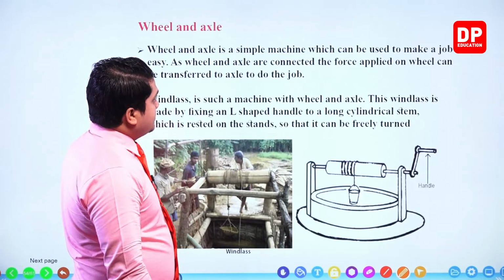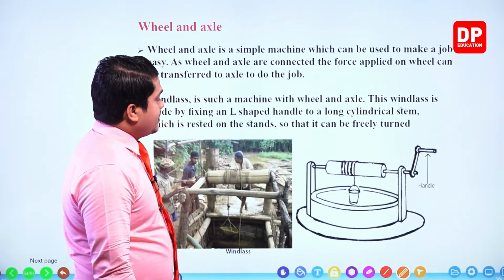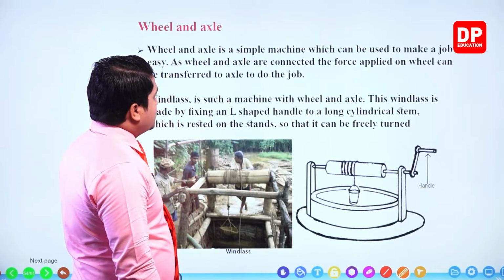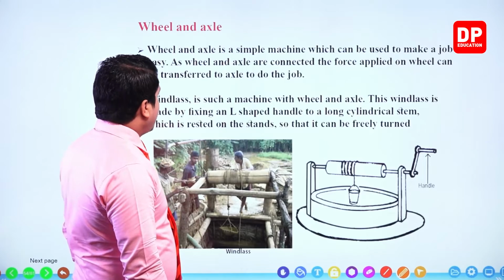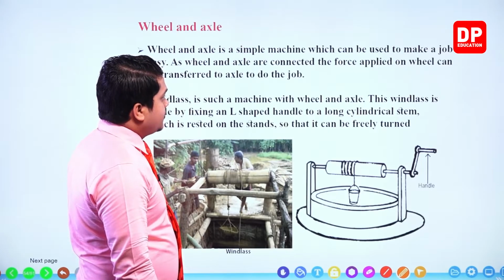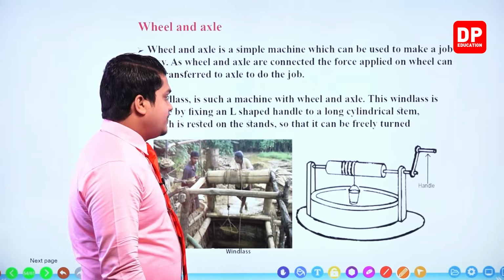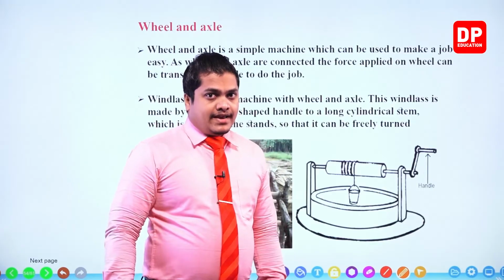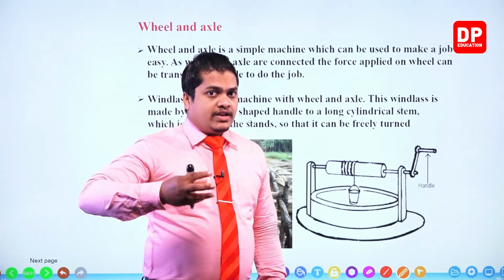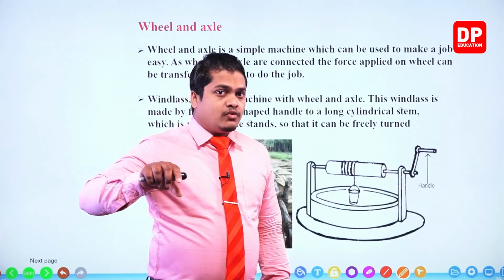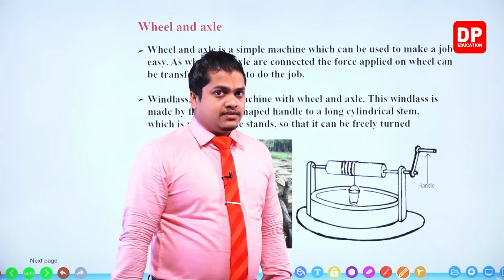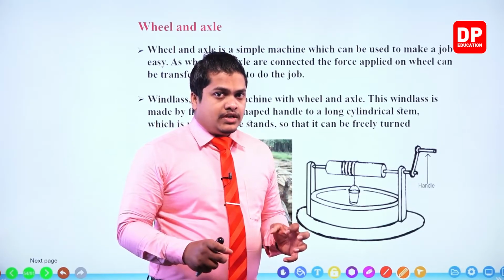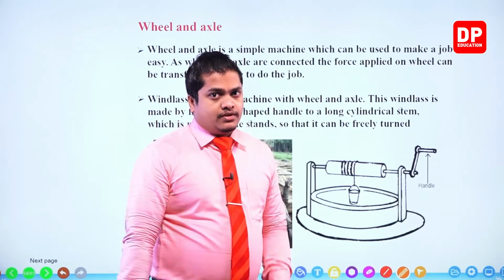Wheel and the axle is a simple machine which can be used to make a job easy. As the wheel and axle are connected, the force applied on the wheel can be transferred to the axle to do the job. So here there is a wheel and an axle, right? We are rotating the wheel, and the force given to the wheel is transferred to the axle. So the axle is now working to do the job, right?